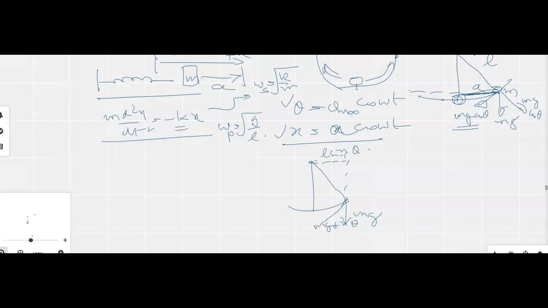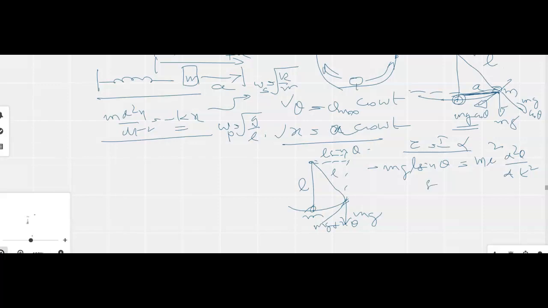So the torque is mg L sine theta, and as theta increases, the torque is opposite to the increase in theta, so we have a minus sign, equal to I alpha. The moment of inertia, if this is mass m and the length of the pendulum is L, is m L square, and the angular acceleration is d square theta by dt square. So we are writing using the equation tau equals I alpha.